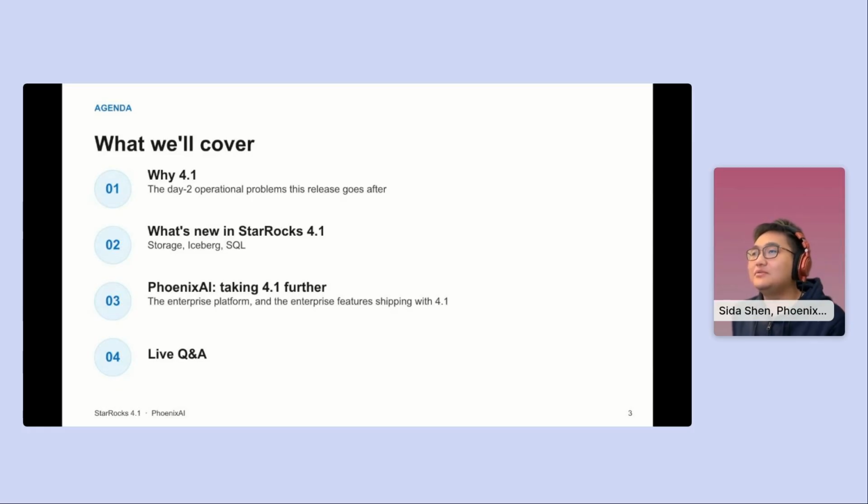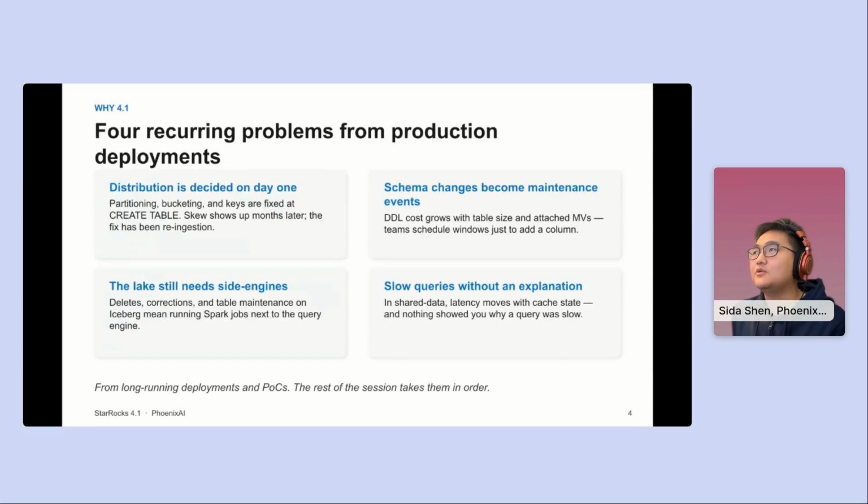Then we're going to take a very brief look at PhoenixAI and how it takes StarRocks 4.1 further, and some of the enterprise features shipping with the PhoenixAI version of the enterprise StarRocks 4.1 core. Then we'll have time for Q&A. We're going to answer all of the questions regardless of how long it takes, like always.